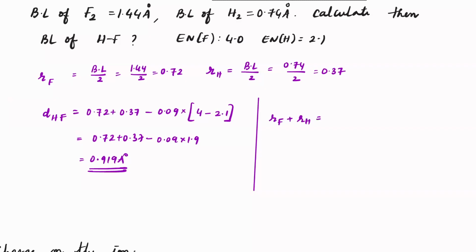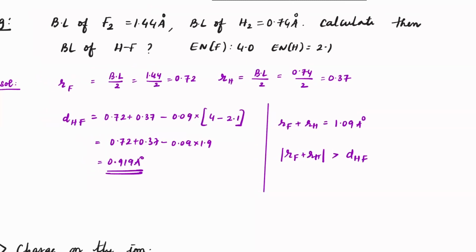You are getting 1.09 Angstrom. So you can clearly notice that RF plus RH overall is greater than D of HF, which clearly suggests that whenever there is an electronegative difference, the bond length decreases.